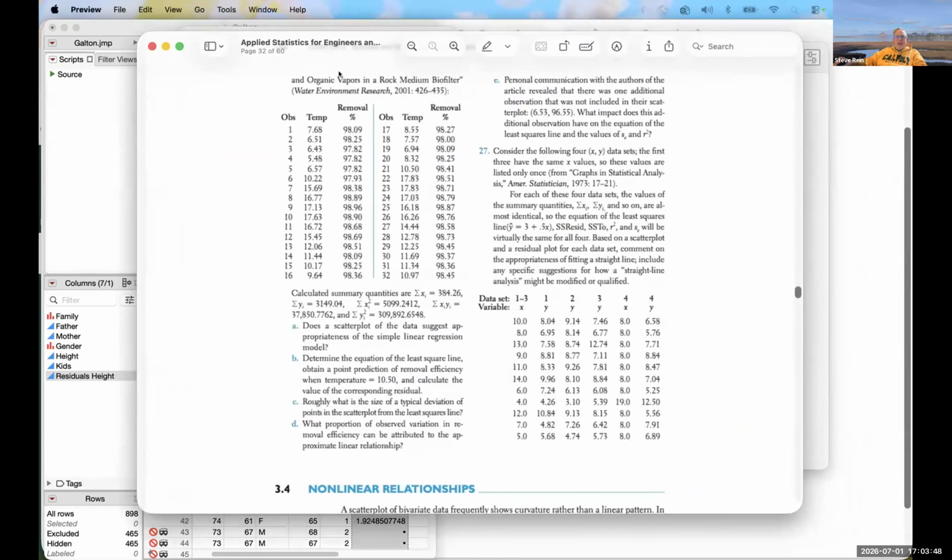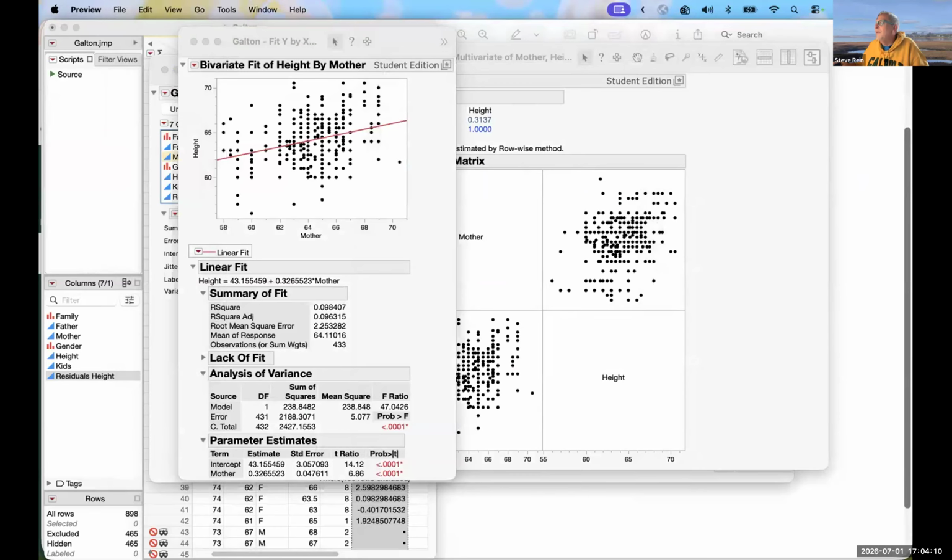Okay, so here what we have is question 27. In section 2, the XY pairs, the first three have the exact same X. Oh, yeah, got it. So what's your question? Oh, sorry, this is the wrong one. I wanted chapter 2. I apologize, thank you.